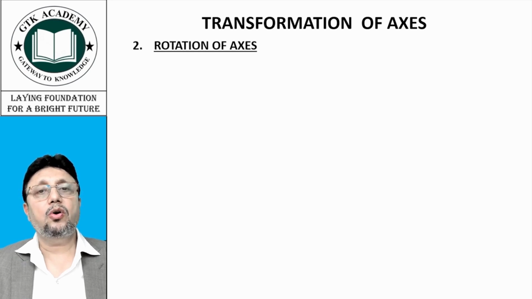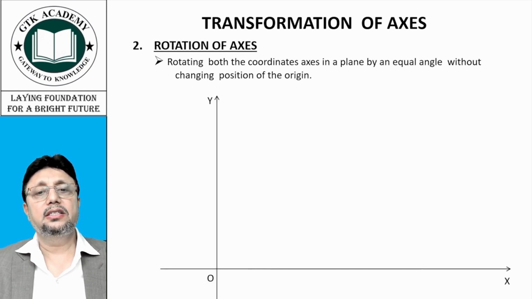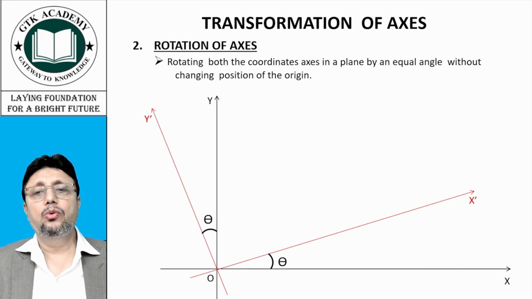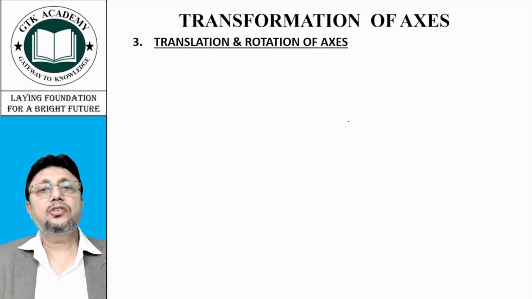The other process is called rotation. In this process, we just rotate the axes like this. These are the axes, and you rotate them by an angle, say theta. So the new axes are x dash and y dash. The third is translation and rotation.